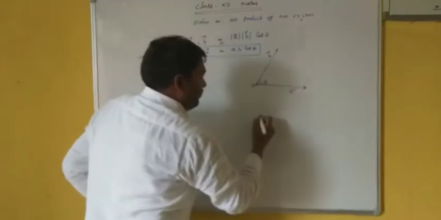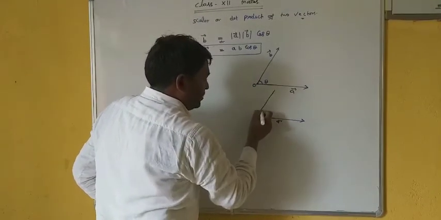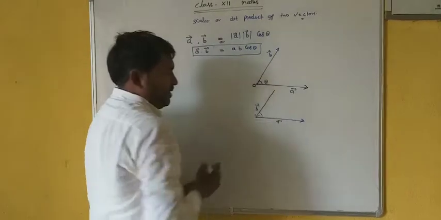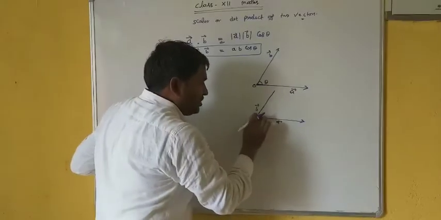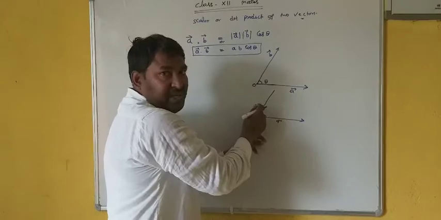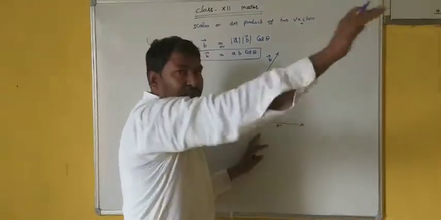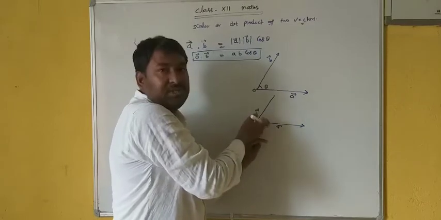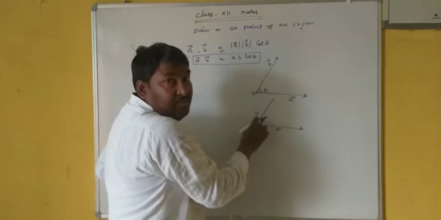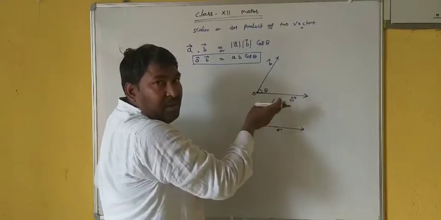But if one vector is like this, vector A, and this is vector B, then this angle will not be taken. At this time, this vector is going outward at this point, while vector B is towards this point O, so one is going outward and another is coming towards that point, so this angle should not be taken as theta. Then which angle will be? Either both of them are incoming or both of them are outgoing.